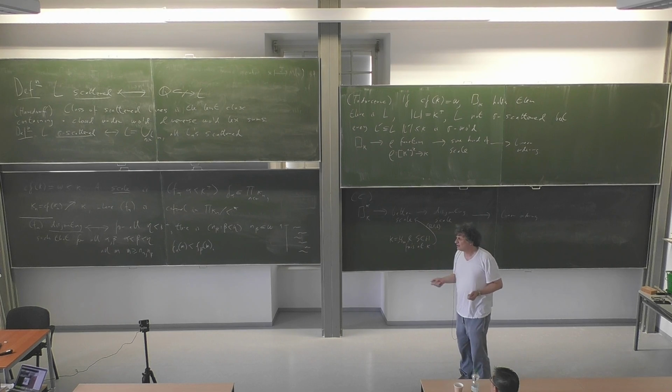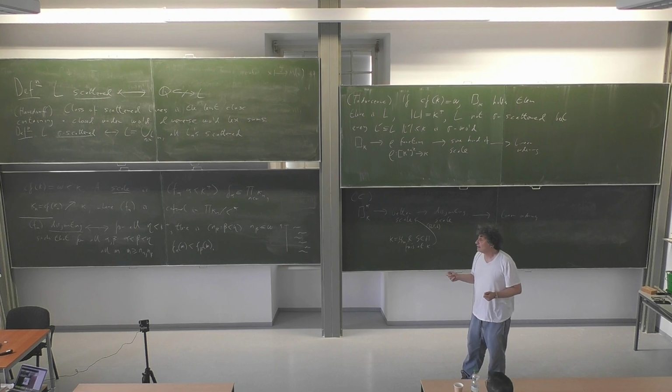If you do a little bit of coding, you can cook up a family of kappa plus many pairwise almost disjoint cofinal subsets of kappa, such that on any small subfamily you can choose disjoint tails.